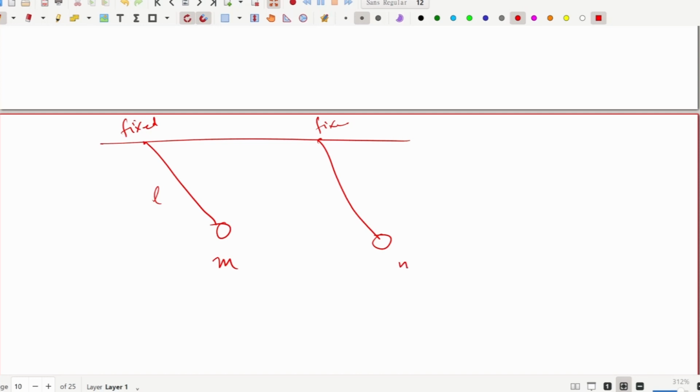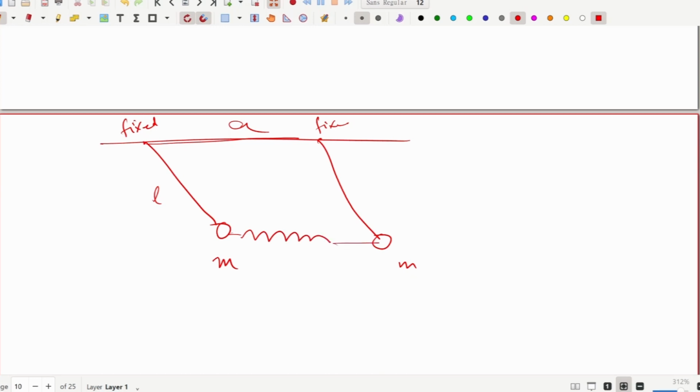Suppose you have two pendulums, and both pendulums oscillate in the vertical plane. They have fixed points of support, and both are oscillating, each has length L and mass m, and the distance between the two fixed points is A, and these two masses are connected by a spring.